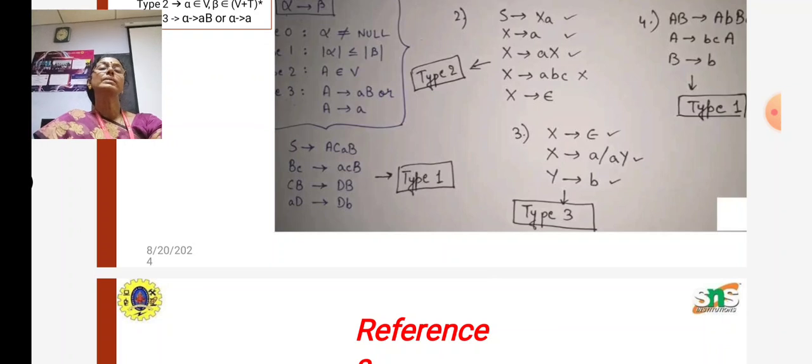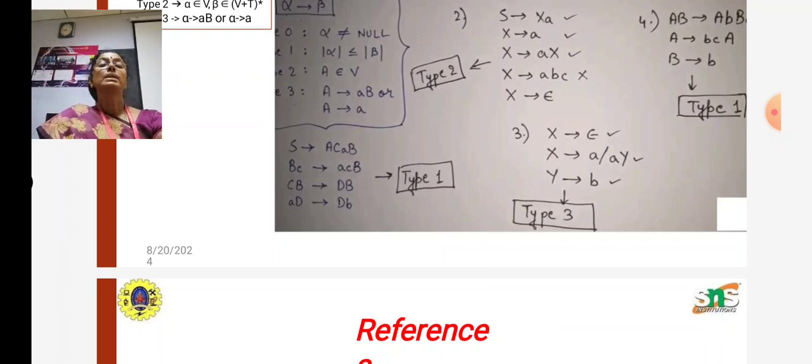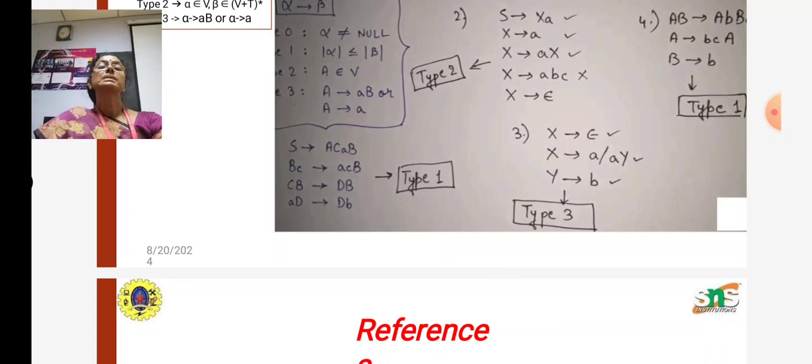So the length of alpha is less than or equal to the length of beta, and the third and fourth productions also have the length of the left hand side less than or equal to the length of the right hand side. Based upon that rule, this example belongs to the type 1 grammar. These are some examples of identifying which type of grammar it is.